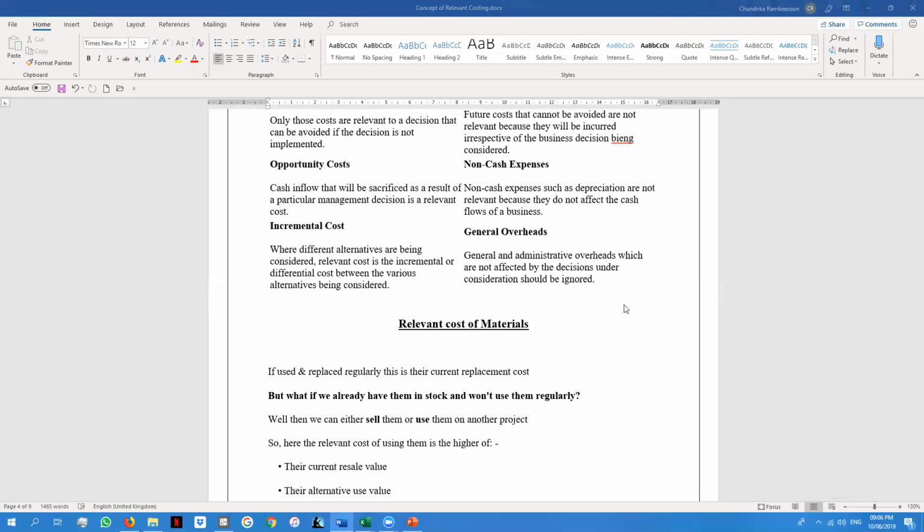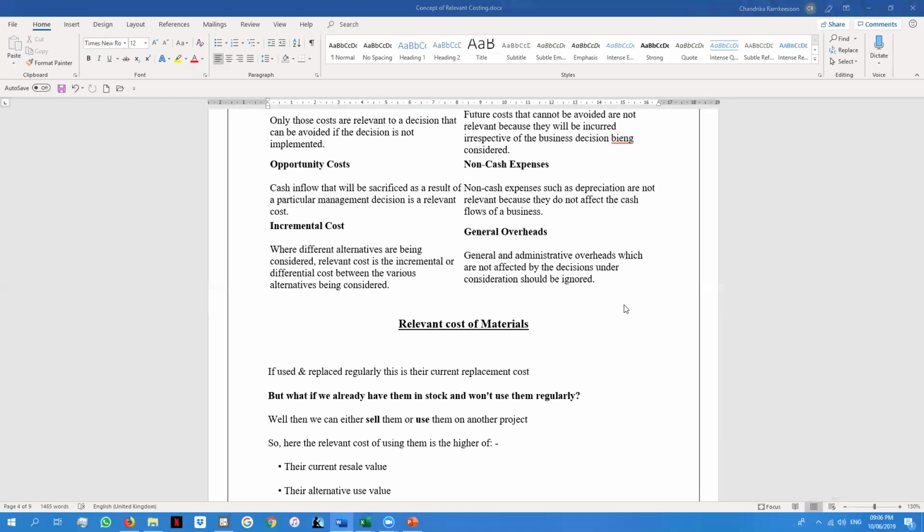Let's assume that right now you use a certain type of material, and you've got it in your stores department, but it is being continuously used to produce the units that you are producing right now. So it's not as though it's just sitting there doing nothing. It was bought and it is used in production right now.